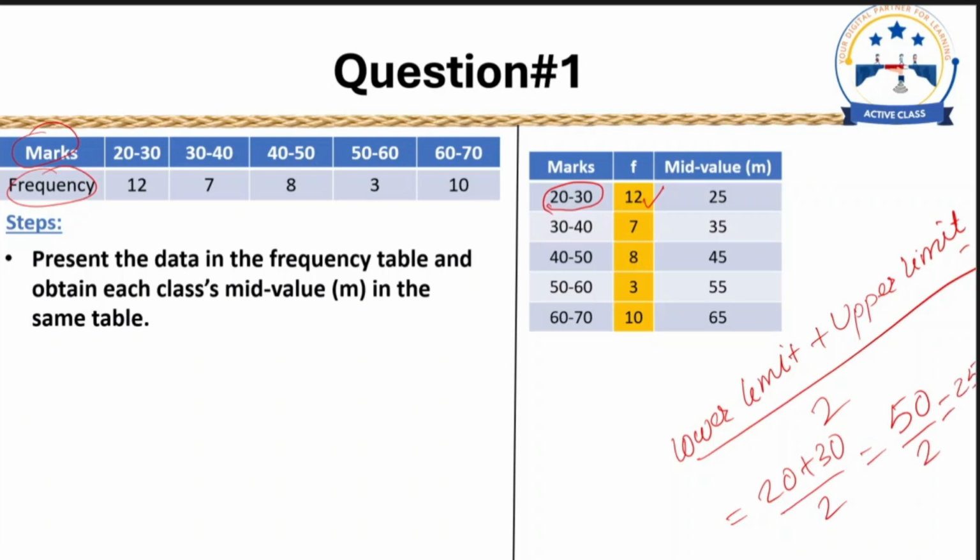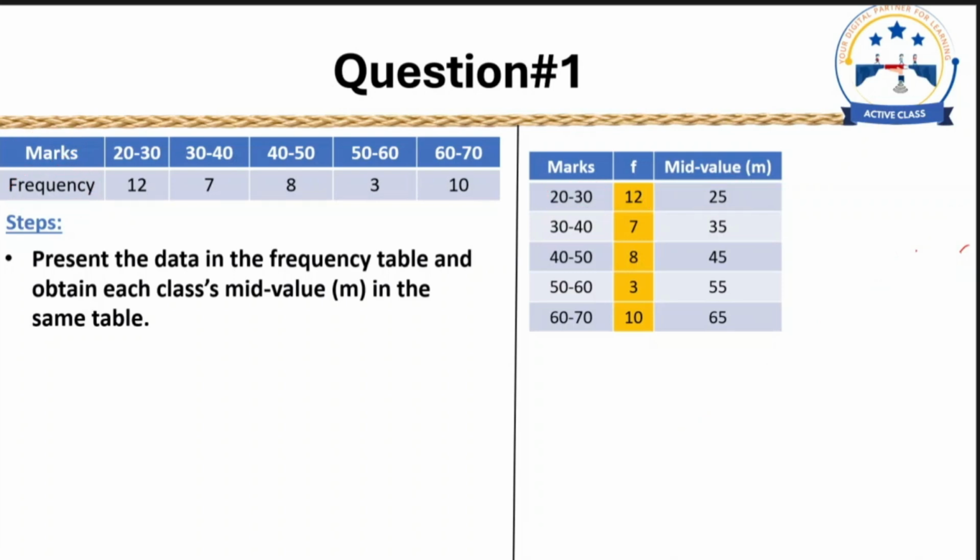So the mid-value is 25 here. Likewise, all the class intervals are written over here with their corresponding frequencies, and the mid-value, that is the value between these two numbers in the class, is written over here. This is the first step.